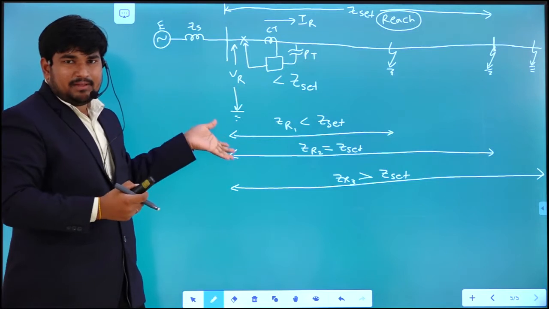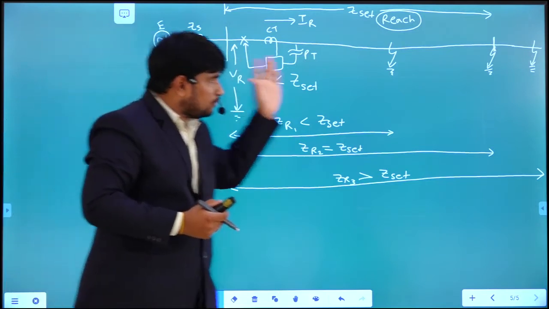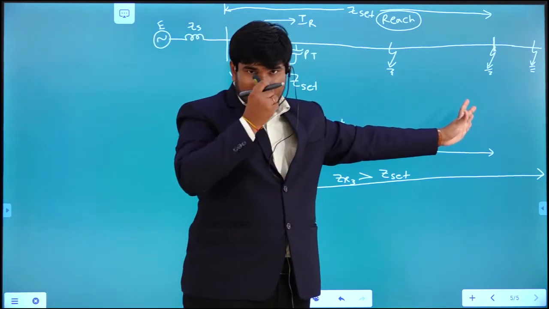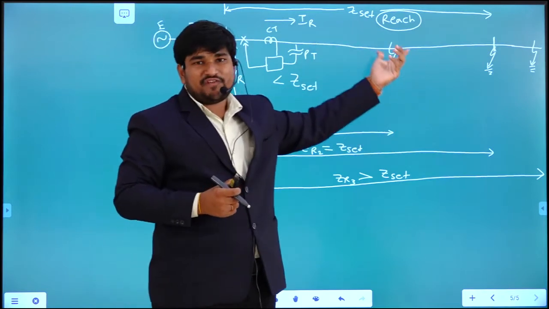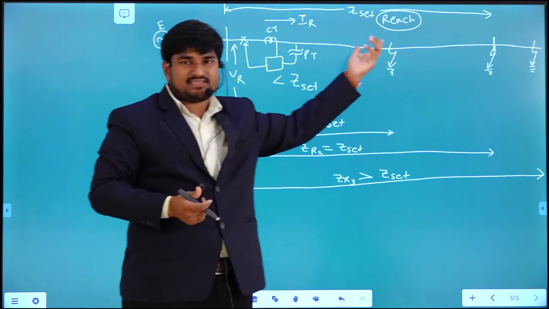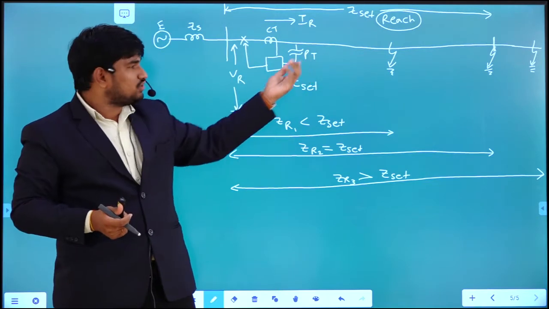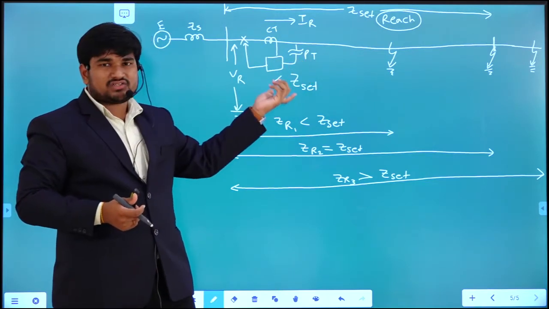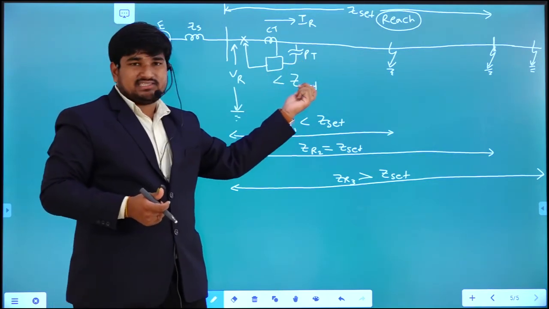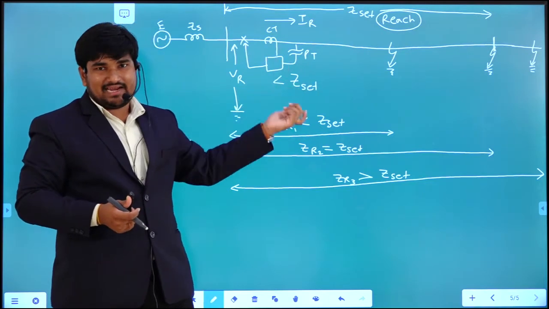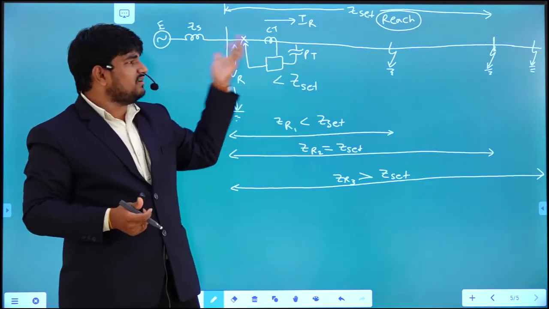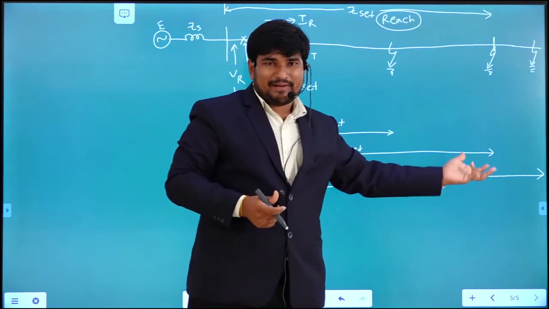So this is the working of the impedance relay. It can sense the fault up to its reach, up to some specified distance, which we call the reach. It depends on the Z set factor we are selecting. So this is the distance relay operation.